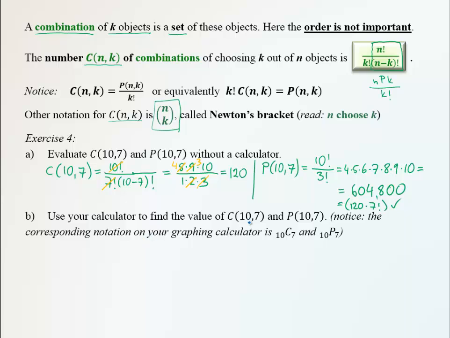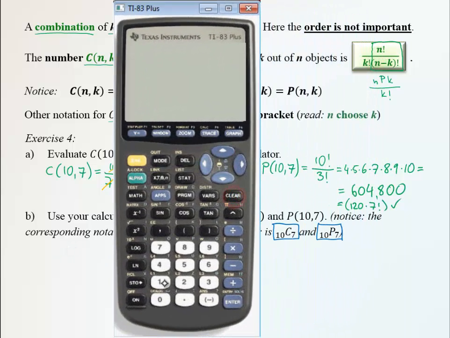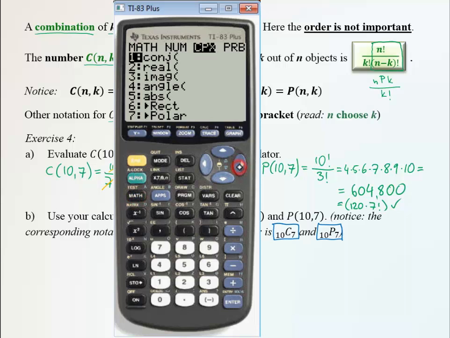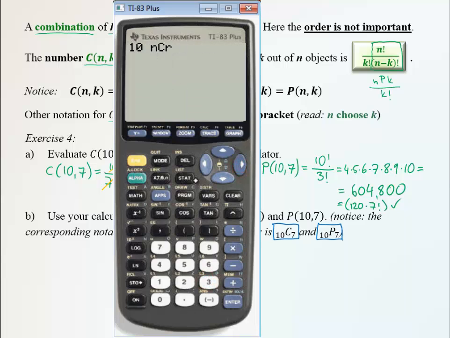In part B of the exercise, we want to confirm that these numbers are correct just by using a calculator. On the calculator, you will have this notation, as we mentioned before. So let's see how this can be found on the calculator. To calculate the number of combinations of 10 choose 7, we write 10 and then math, scroll to probability, go into combinations number 3, and 7, equals, enter, and we have 120.